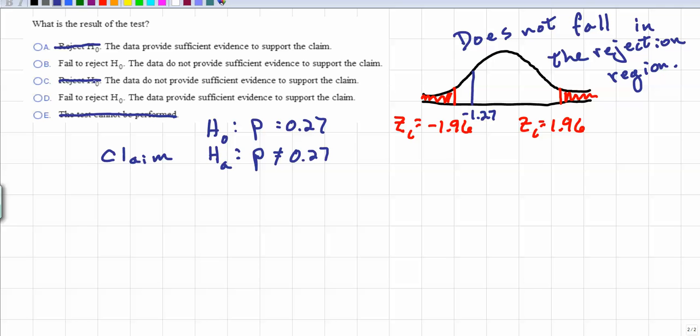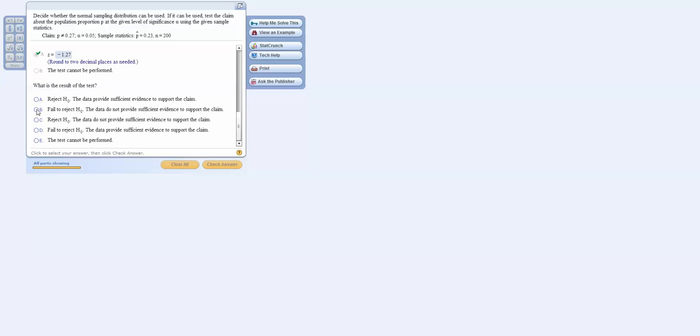So we will fail to reject the null because the data do not provide sufficient evidence to support the claim, and this will be our choice B. And so we'll go ahead and click here, click check answer, well done, and we have finished.